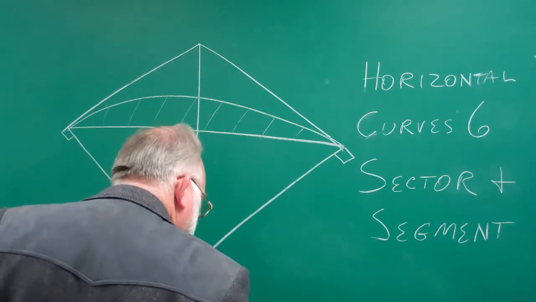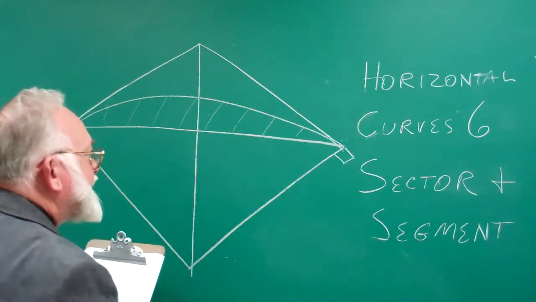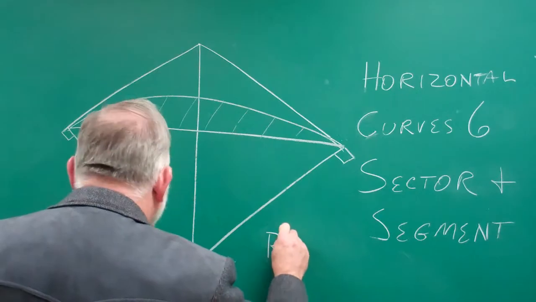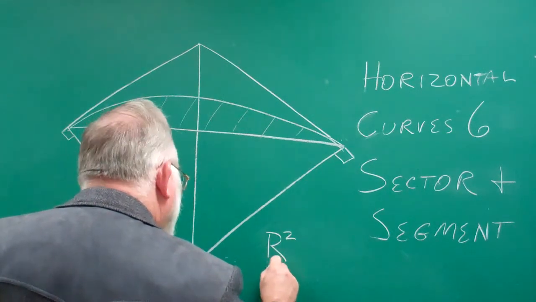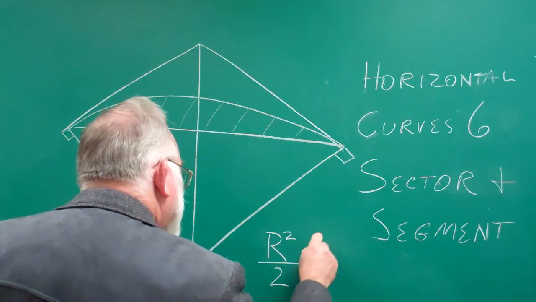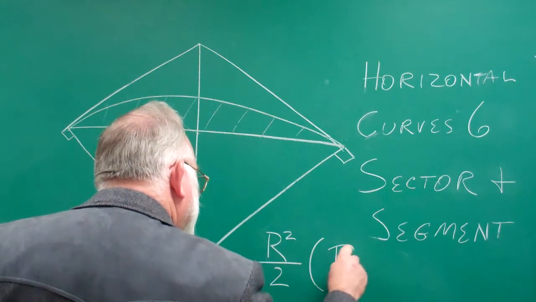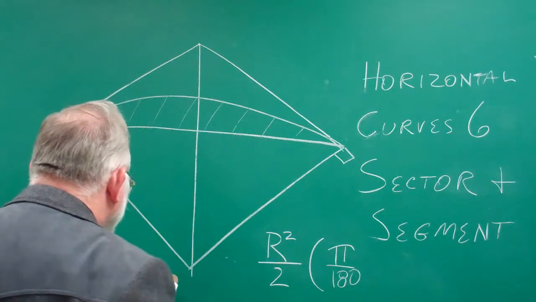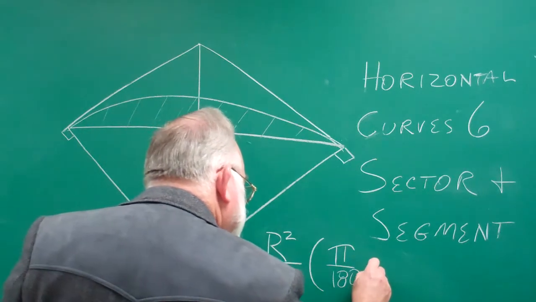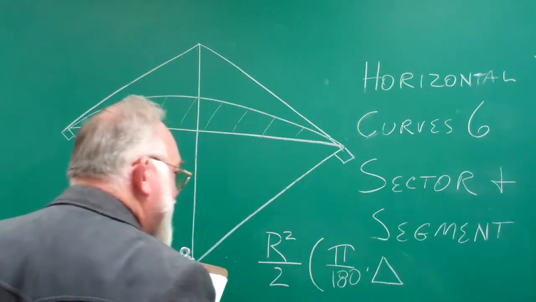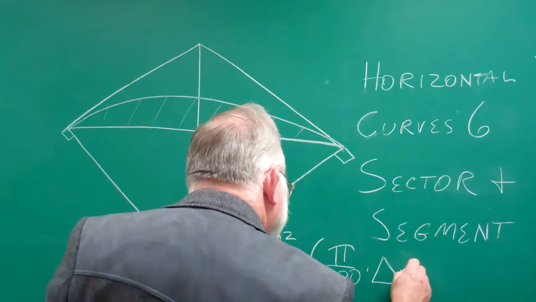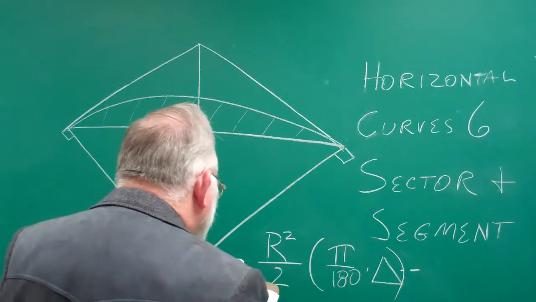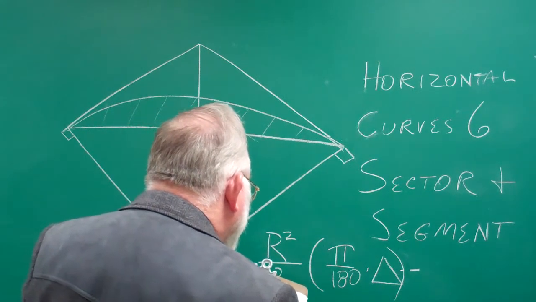Now, what about the segment, this area here? Well, that's a little bit more complicated. It's the radius squared over 2, times pi divided by 180, that's the inverse of a radian, by the way, times the delta angle in degrees, minus the sine of delta.